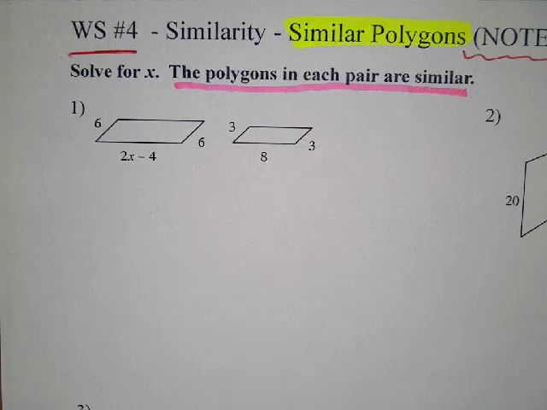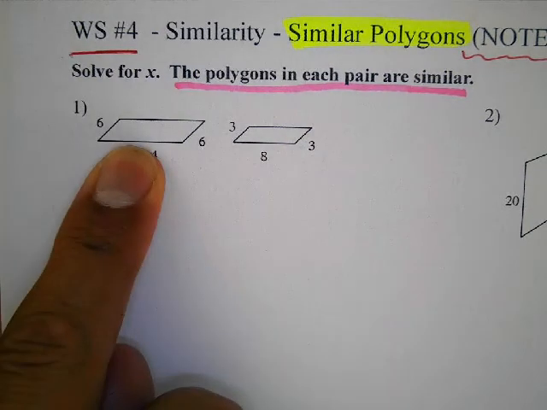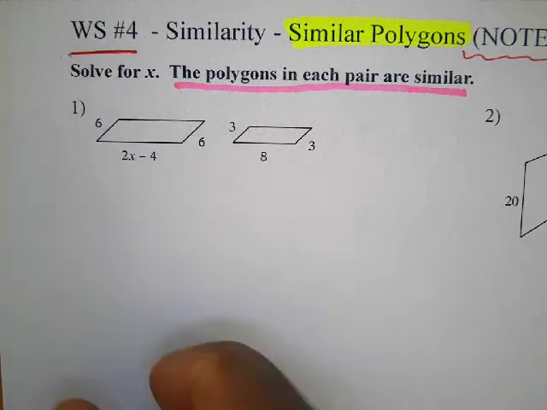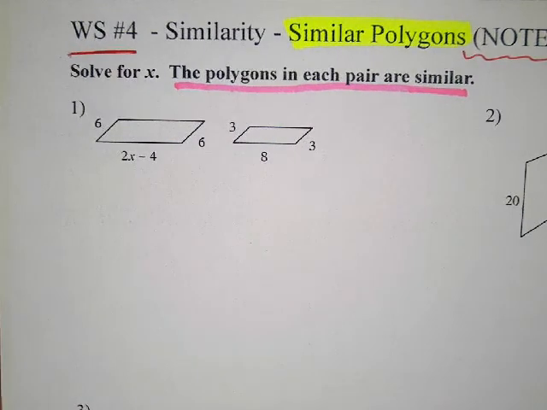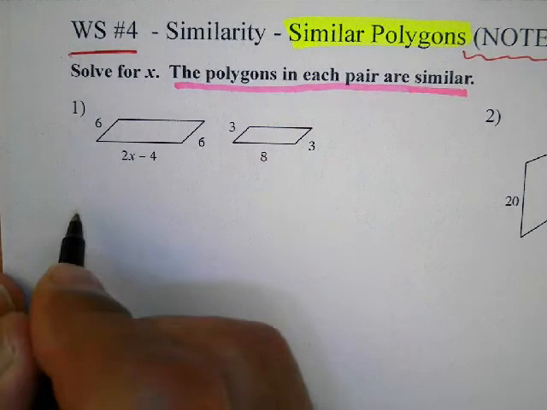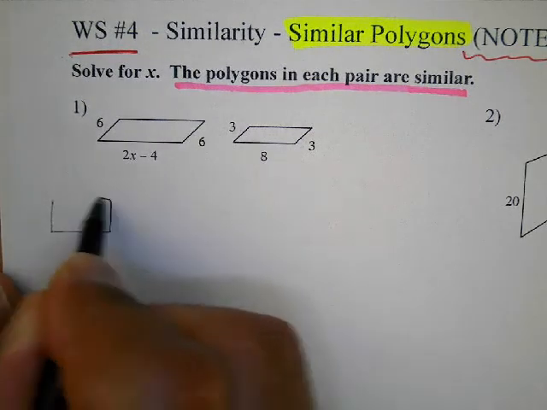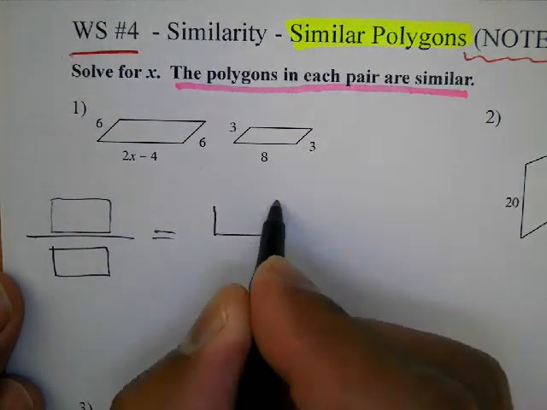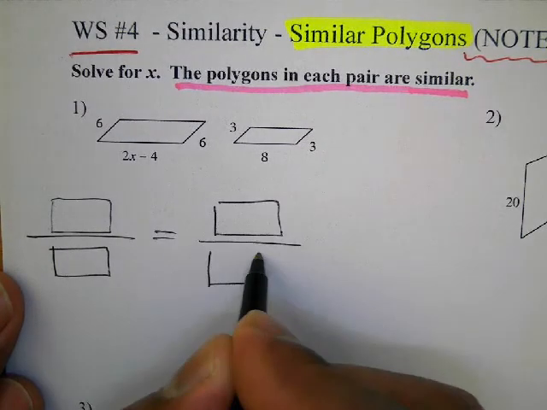Usually we have an X or a question mark and we have to find just one side. Now you have an expression. We're going to treat it the same. We're still going to set up a proportion. A proportion is when you have a fraction equal to another fraction.